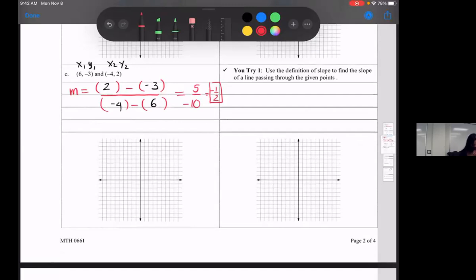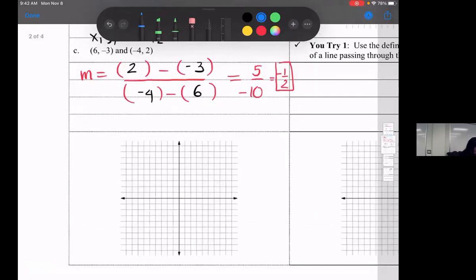Let's check. 6 and -3. Go right 6, 1, 2, 3, 4, 5, 6, and -3. Right here, 6 comma -3, and then -4, 2. Go left 4, go up 2. -4 comma 2. All right, and then you start from the left point.